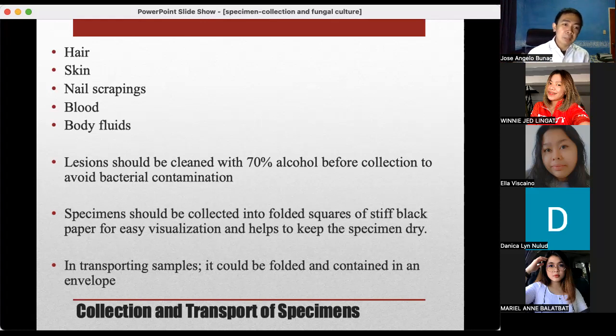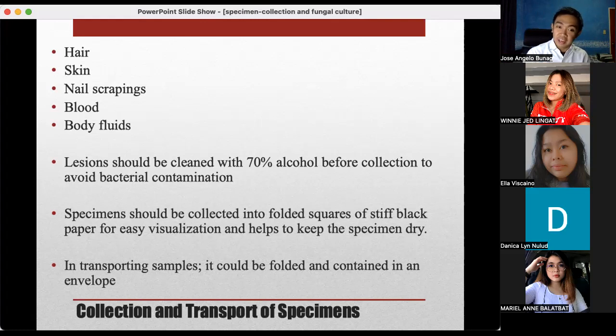And syempre, yung atin pong mga chance of release of your airborne conidia is less likely with your tube media. So, if I may just add, ito po yung ating mga commonly specimen na natatanggap sa mga laboratories for diagnosis of fungal infection.